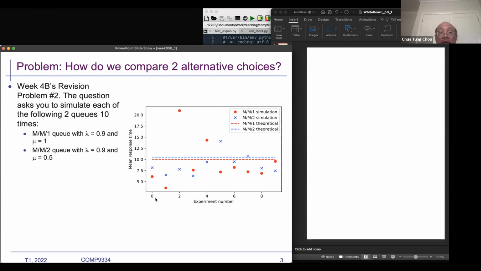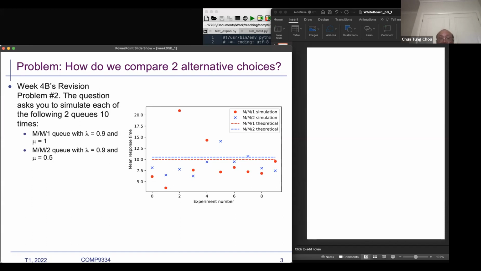If you talk about simulation with the index 0, then what you find is the red dot, which is the simulation result of the MM1 simulation, and the cross, which is the simulation result from the MM2 simulation. The MM1 simulation has a better result, and in experiment 1, MM1 also has better results.